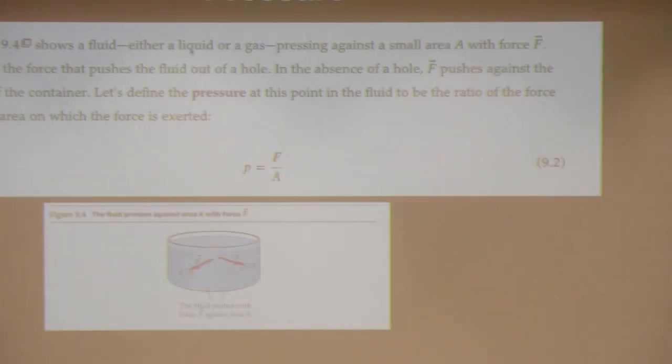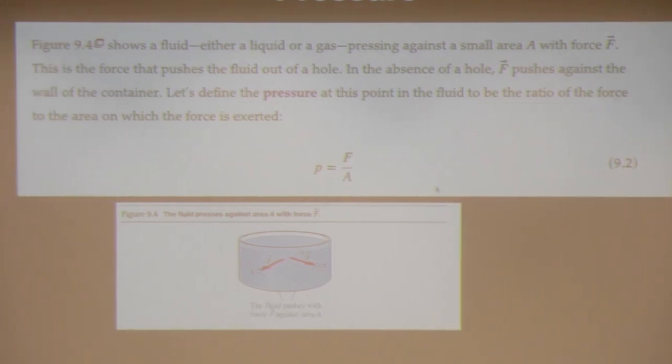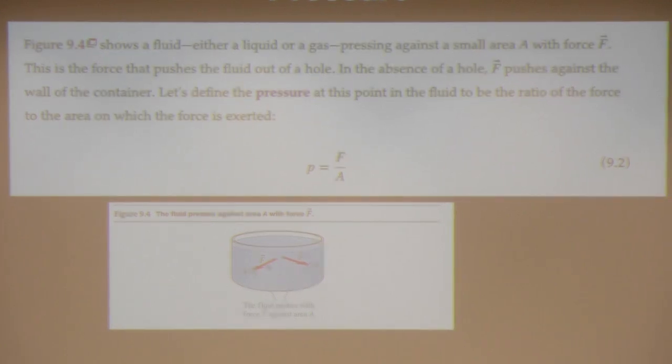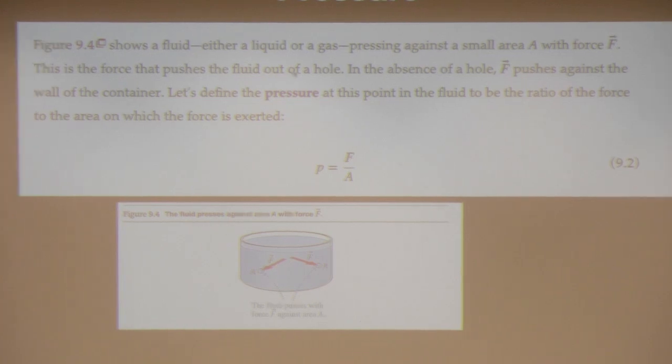Okay, so this figure here shows a fluid, either a liquid or a gas, pressing against a small area A with force F. So we've got these forces pressing on this area, and this is the force that pushes the fluid out of the hole. And in the absence of a hole, the force pushes against the wall of the container.